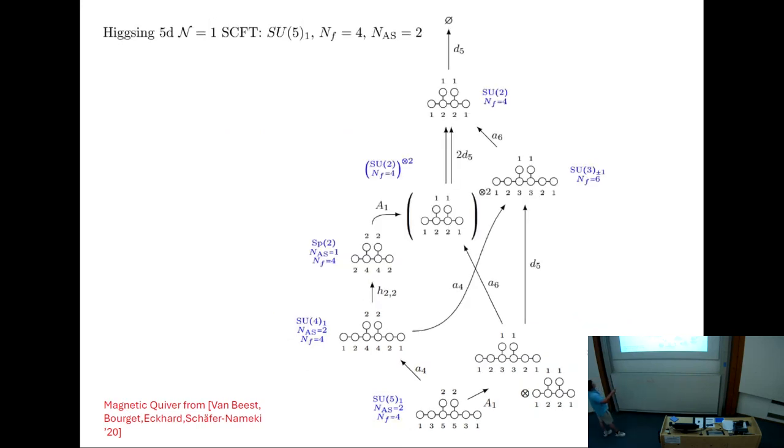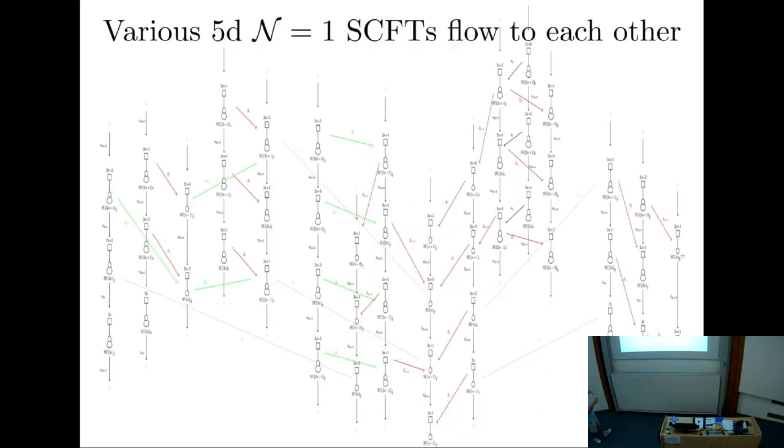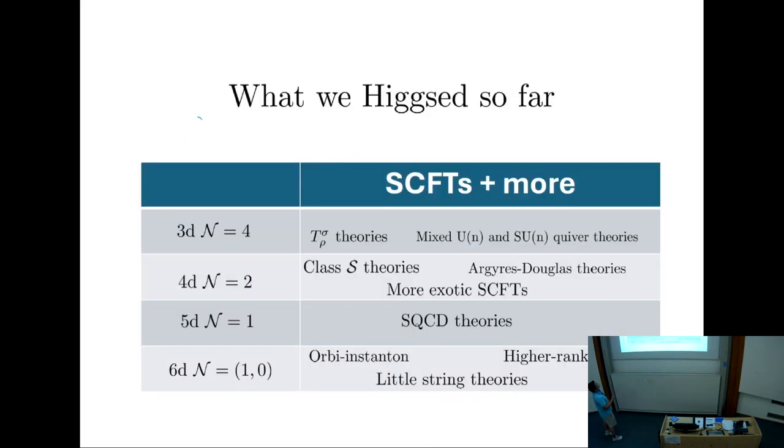Easily compute the rest of the diagram, easily map it back to the original 5D SCFTs. And you can then look at how many different families of known 5D N=1 SCFTs in the literature can actually be Higgsed into each other. The black lines are more obvious, but the red lines that Higgs between different families are a bit more subtle, so that's quite interesting as well.